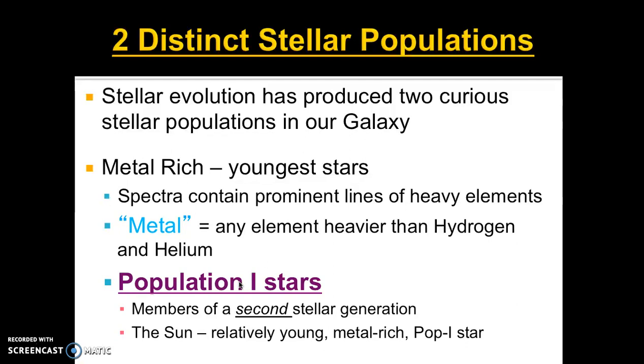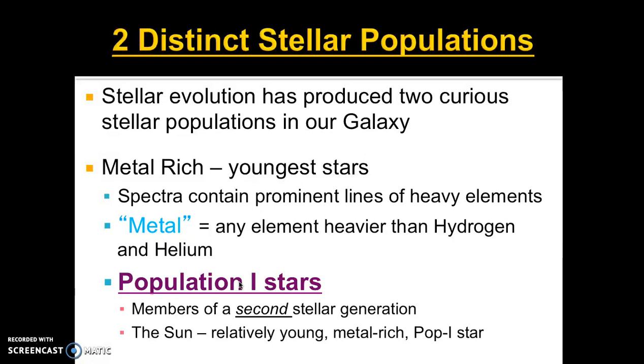Astronomers use the word metal very loosely. A metal in astronomy is any element heavier than hydrogen. So the spectra of these stars contain prominent lines of these heavy elements. These are stars that are forming at a time when the universe has already been populated with heavy elements from the death of earlier stars.